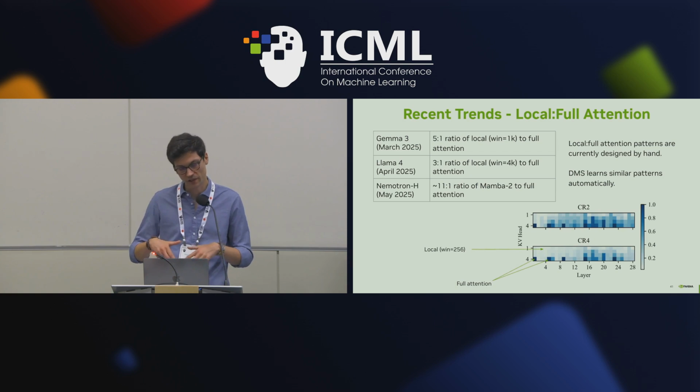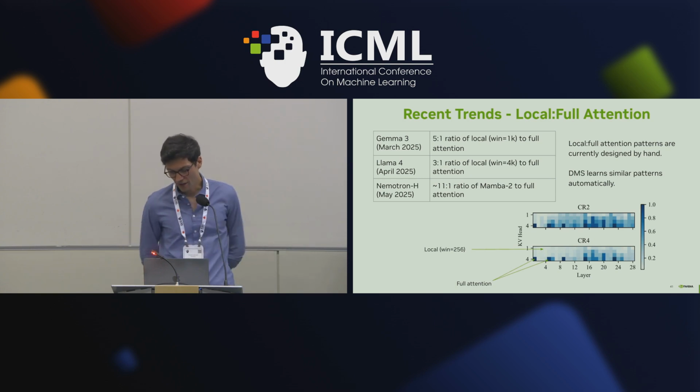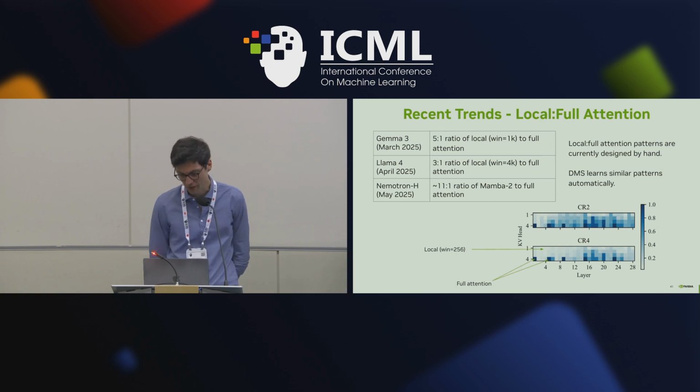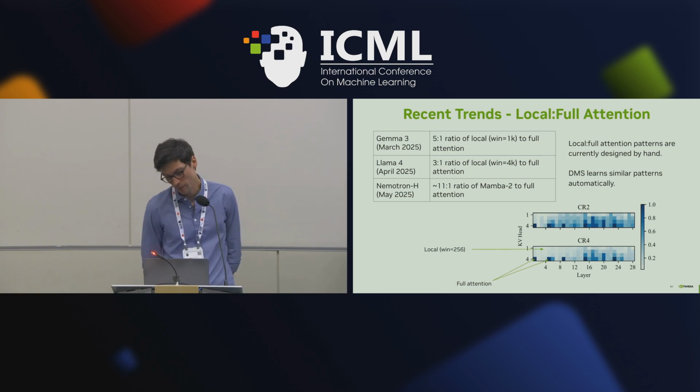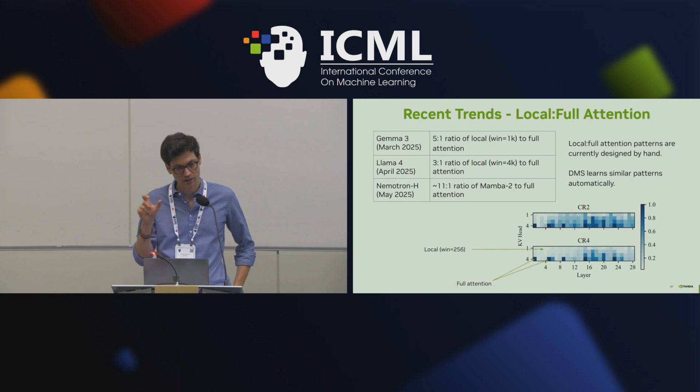So let's say every 3 layers of local, then you put 1 layer of global, and so on and so forth. And if you squint your eyes a little bit, looking at my heat maps, you can see that the model kind of figures this out by itself end to end without any handcrafting. What I mean by that is that you have those very dark pixels at roughly similar distances in between them.